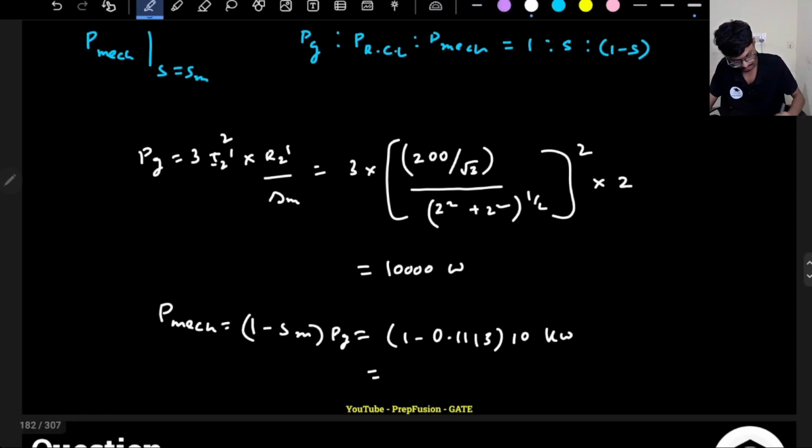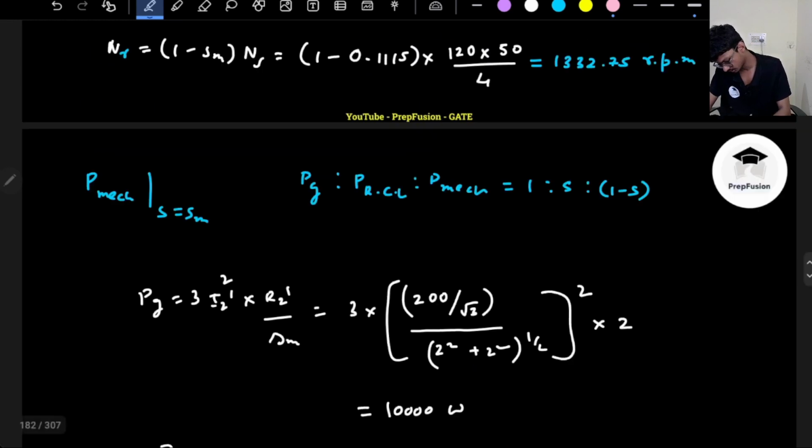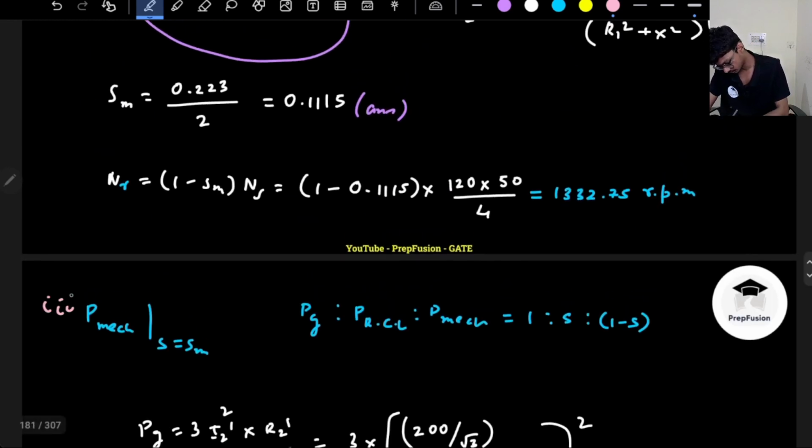So this value will be into 1 minus 0.1115, and it comes out to be 8.85 kilowatts. This will be the answer to the third portion.